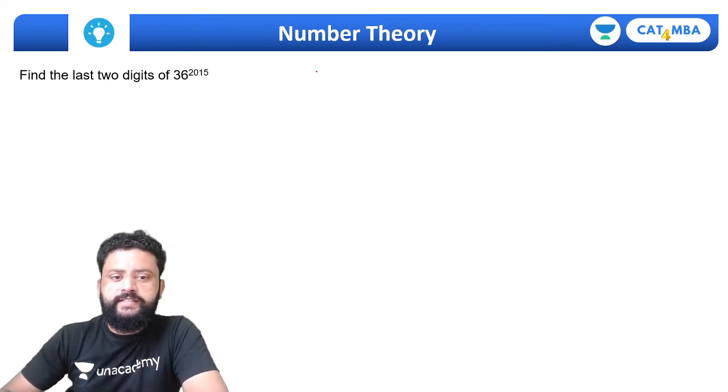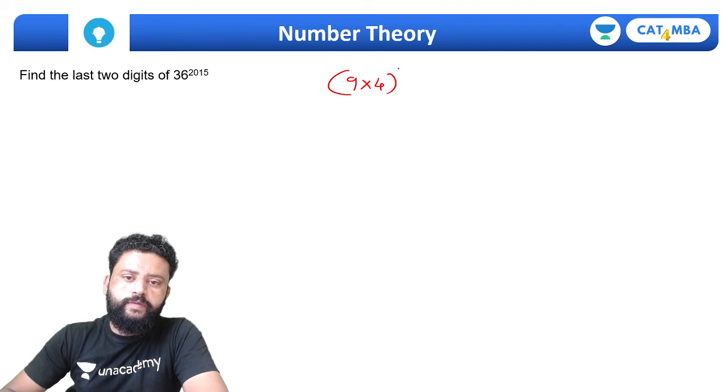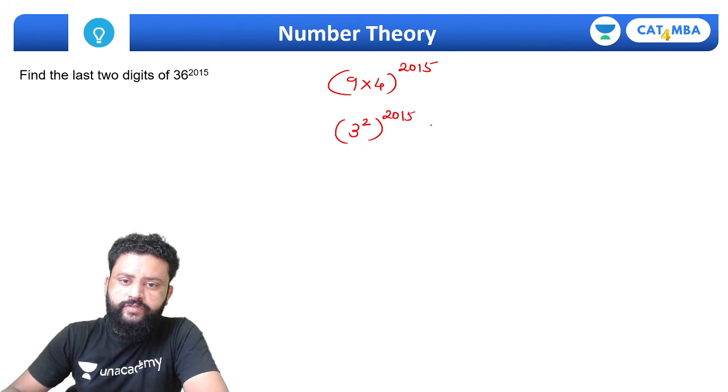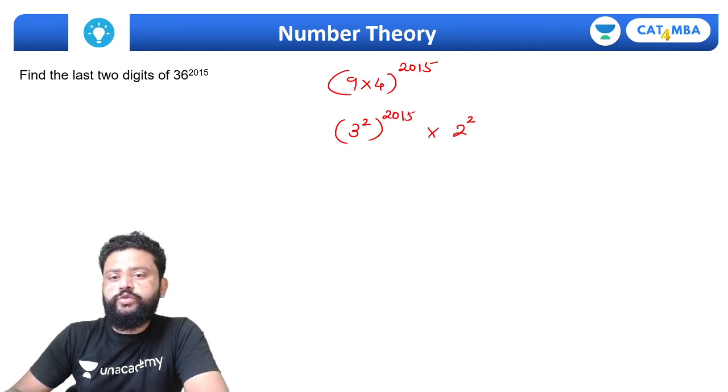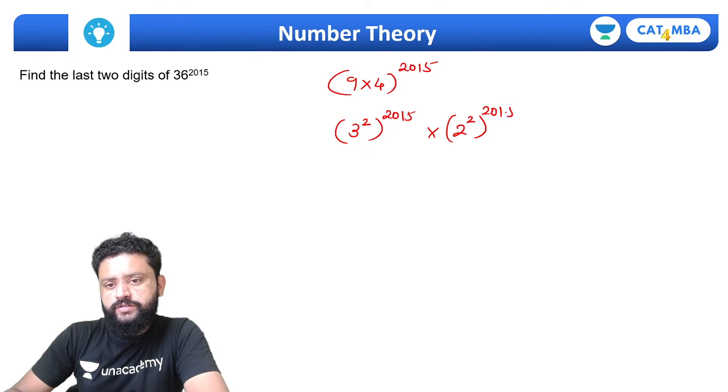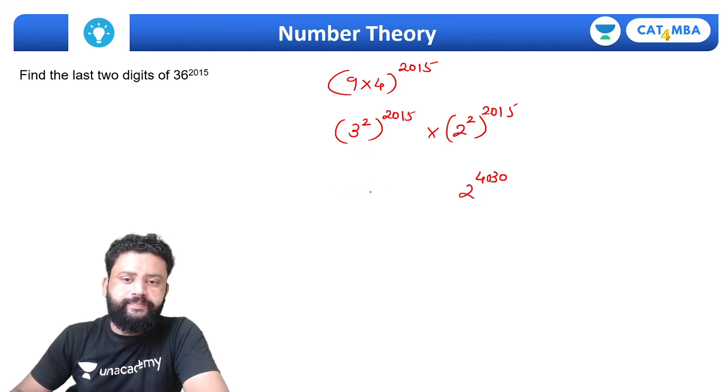Try for this. 36 to the power 2015. So what I can write is 9 into 4 to the power 2015, that is 3 square to the power 2015 and 2 square to the power 2015, which comes out to be 2 to the power 4030, and this will be 3 to the power 4030.